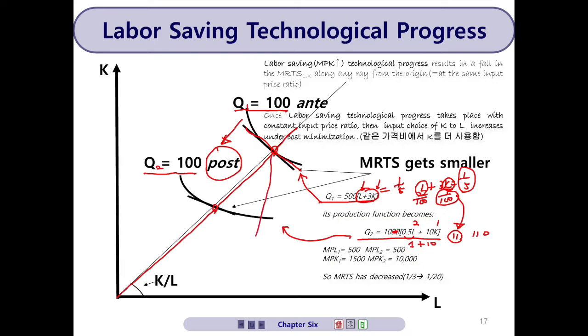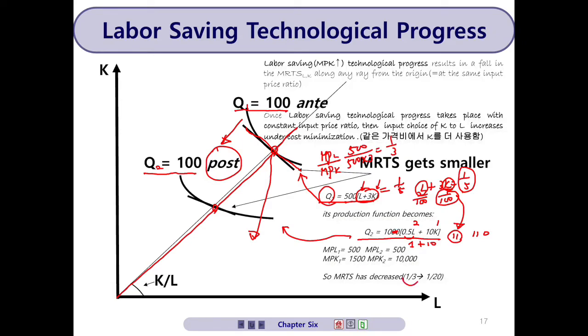And derive the MRTS from the isoquant Q1. MRTS, as I said, is MPL over MPK. MPL here is 500. What's the MPK? Another 500 times 3. So they become 1/3.